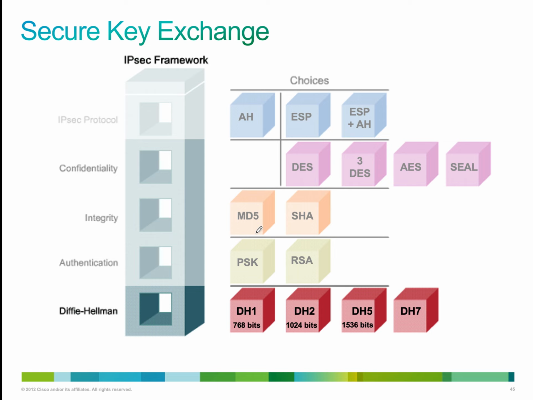And each one has its own bit size. So DH1 supports 768 bits, DH2 supports 1024 bits, DH5 supports 1536 bits, and DH7 supports even a higher number. Now, DH1 and DH2 are used by DES and 3DES, while DH2 and DH5 are used by AES.